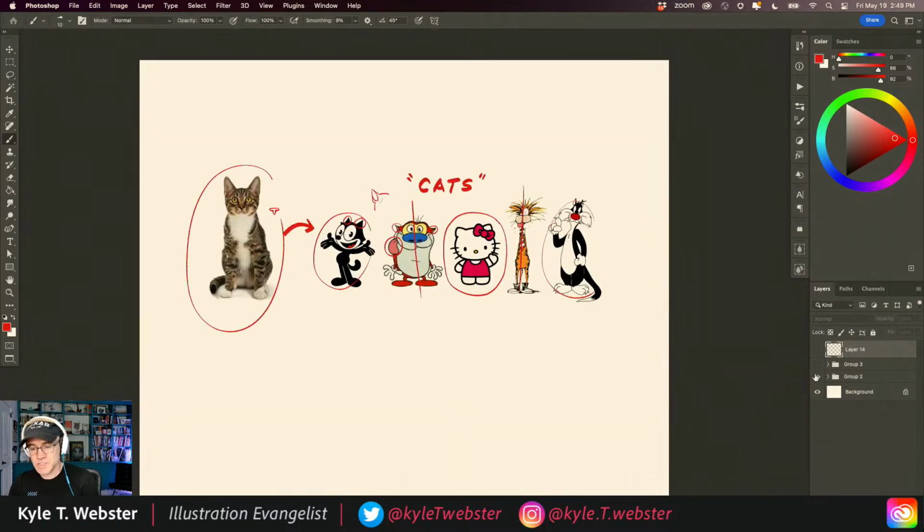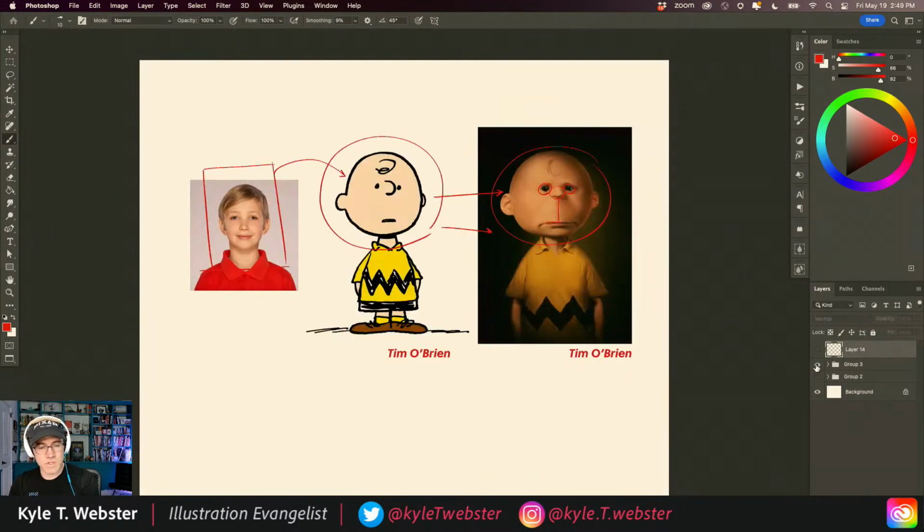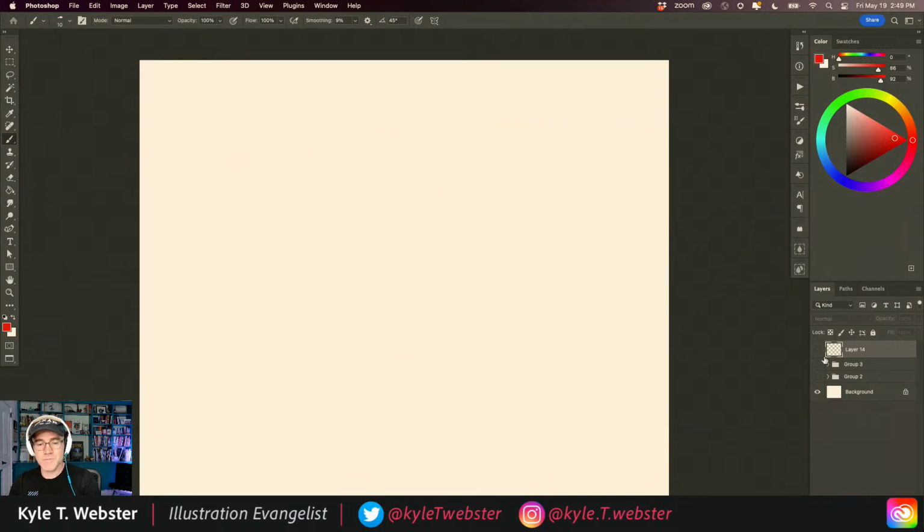So we've looked at some examples of stylization within the cats in one direction and the other. So what I'm going to do is grab a little photo, and we're going to see what we can do to push things for you here.